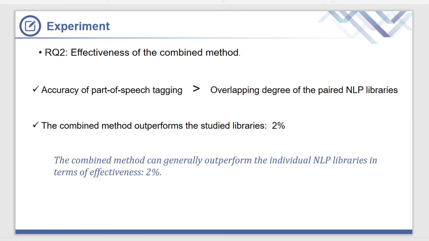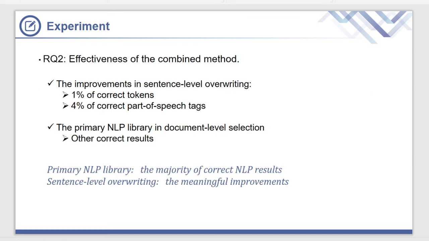Therefore, the second finding is that the combined method can generally outperform the individual NLP libraries in terms of effectiveness, and the promotion on accuracy is about 2%. In our experiments, 1% of correct tokens and 4% of correct POS tags come from the improvements in sentence level overwriting, and the other correct results are generated by the primary NLP library in document level selection.